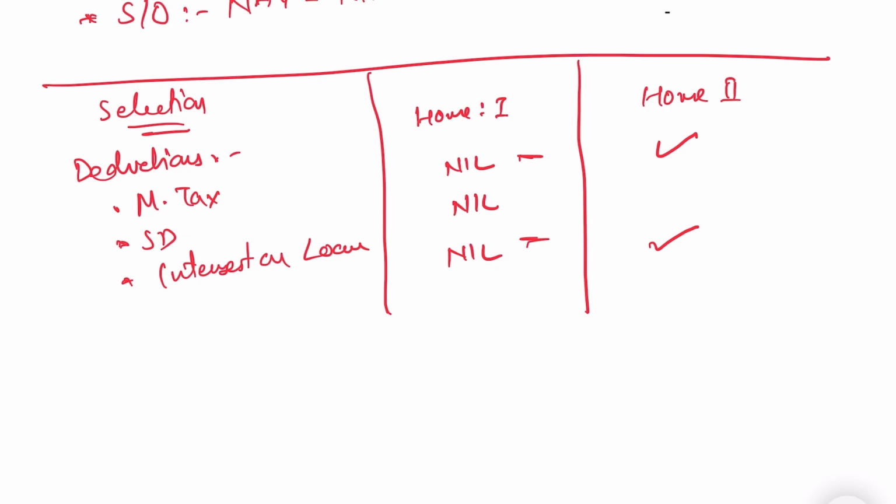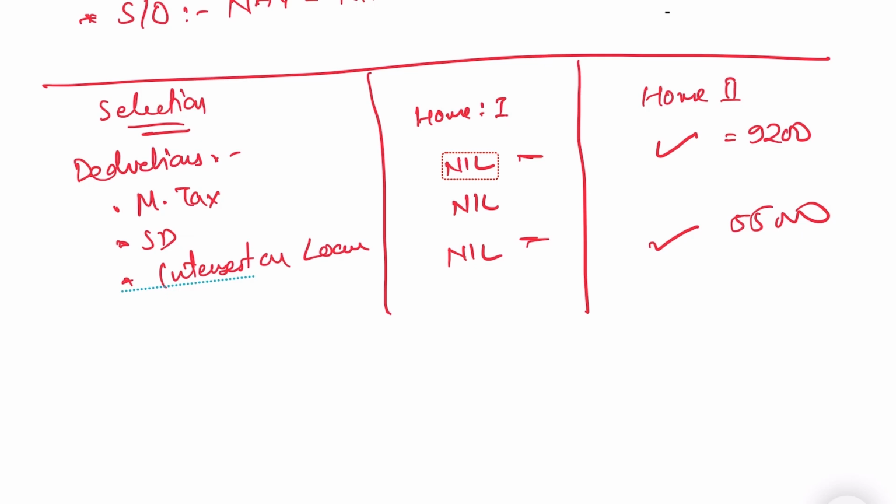But when we check house 2, we have municipal tax that is around, we can say, 9,200, and here is 55,000. Agree? Which is within the limit of 2 lakh, which is allowed for repair and maintenance. Hope you can recall the interest on loan limit for self-occupied property. The maximum limit is 2 lakh, but we have 55,000 in our current case, so it is allowed because it is within the limit of 2 lakh.